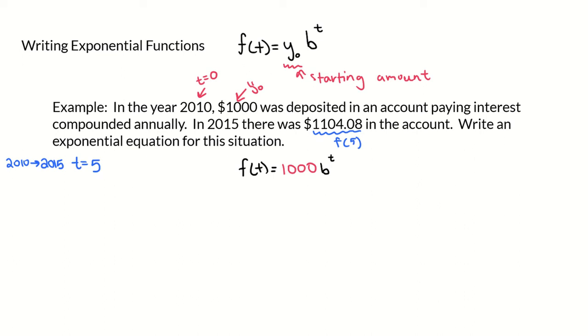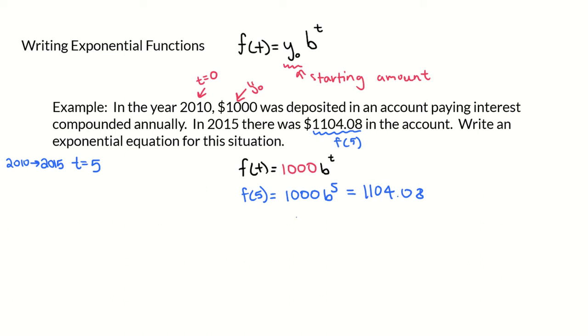Okay, so we have that f of 5 is equal to 1,000 times b to the 5th, and we know that f of 5 is equal to $1,104.08. So now we solve this equation for b. To do that, we can divide both sides by 1,000.